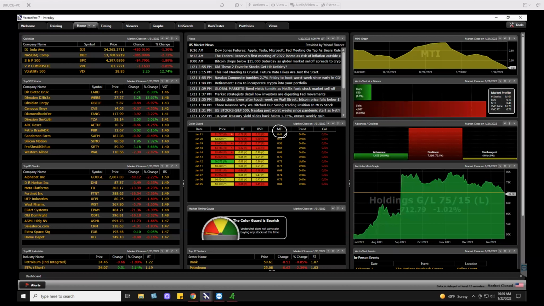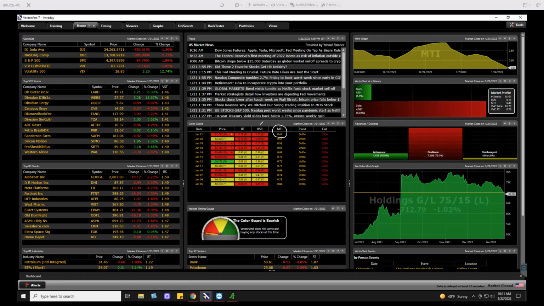You can see it's currently at 0.45. There's another thing that VectorVest has shown over 35 years, which is if the market MTI is at or below 0.60, which it is, that suggests to them that this market is sitting on or very close to a bottom. And they've shown this pretty consistently over 35 years.